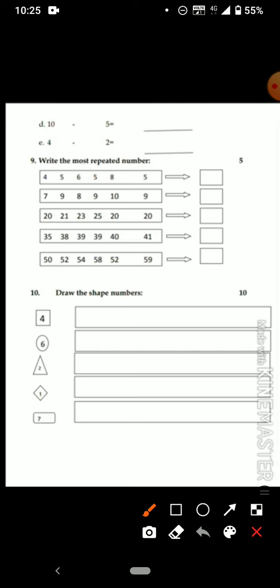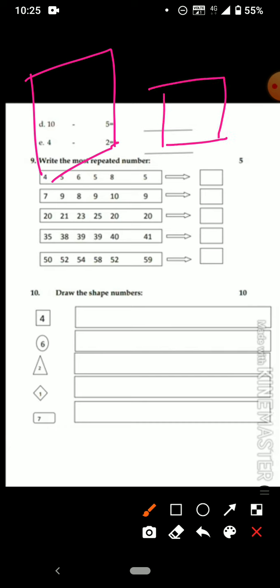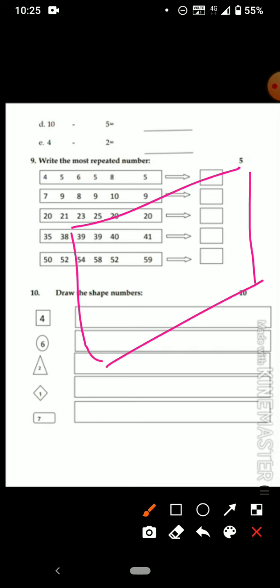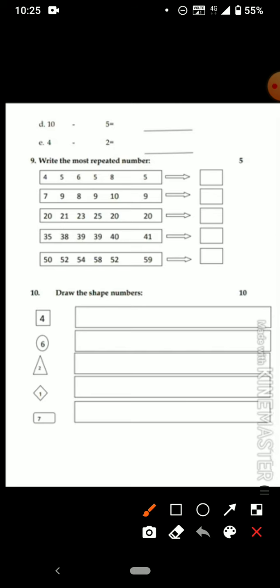If there are 4 equal sides, we call it a square. If two sides are equal and the other two sides are equal, we call that a rectangle.